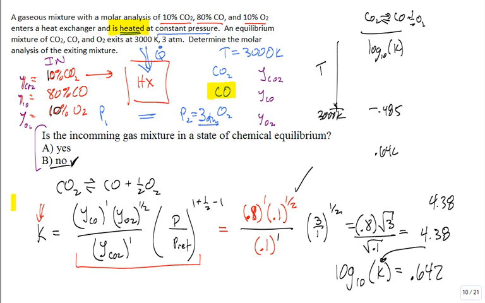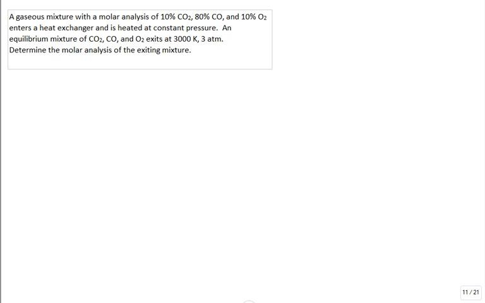Okay, so there's nothing to say it's in equilibrium. Now let's solve this problem. I'm going to go to a clean sheet of paper because I messed that one up so badly. I want to determine the molar analysis of the exiting mixture, when it goes out of that heat exchanger. I want to find Y of CO2, Y of CO, and Y of O2.